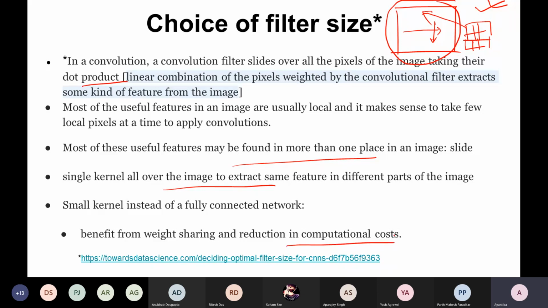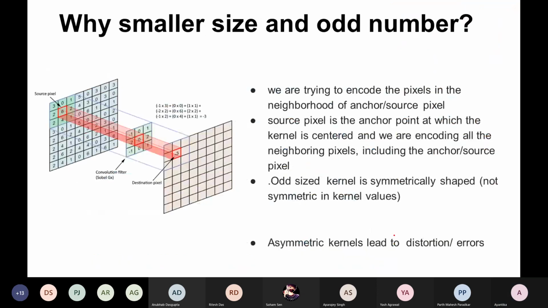But your filter should not be so small that it does not fully capture that localized particular feature. So the choice of filter size is very important to extract features.